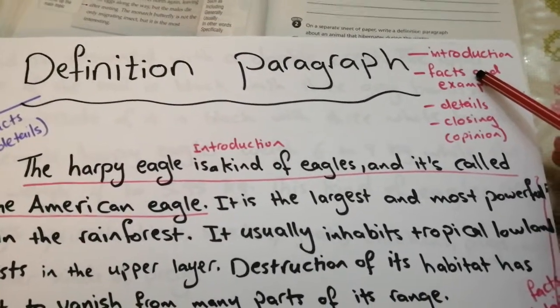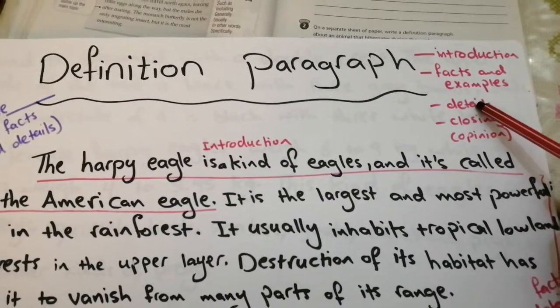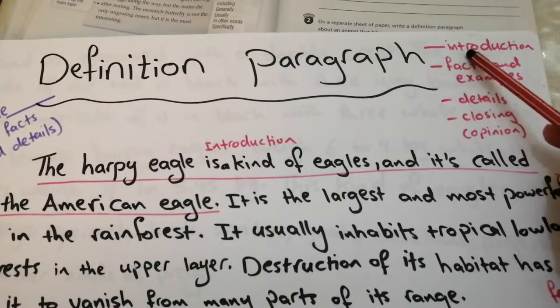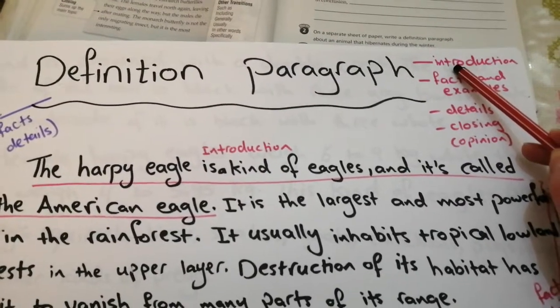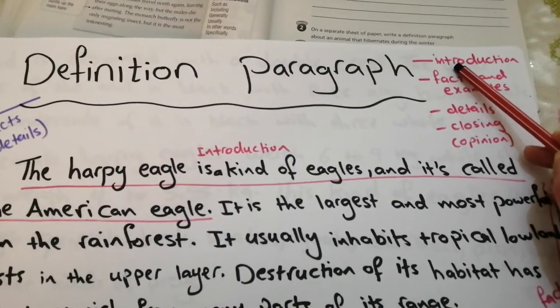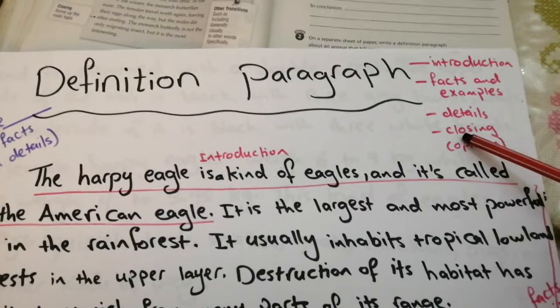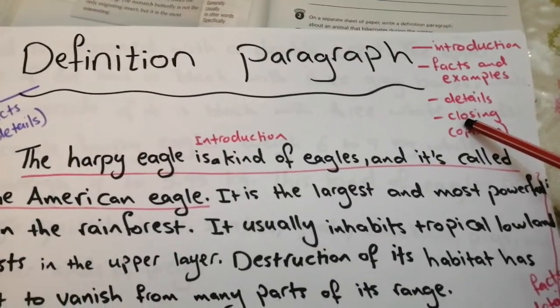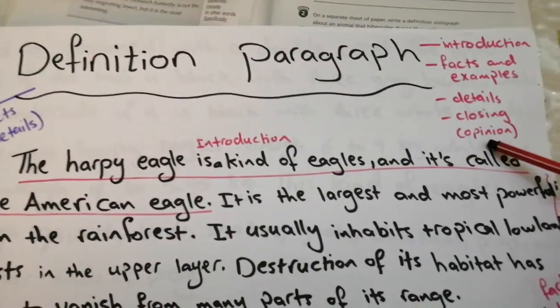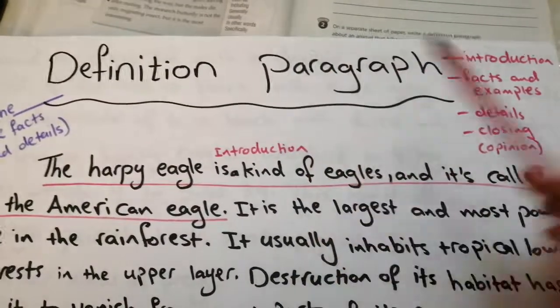Then in the body, in the middle, I'm going to write facts, examples, and details to define my topic or my animal, my idea, a place, for example, anything I'm going to write about. Then I will close my paragraph with my opinion about this topic. So these are the main parts of the definition paragraph.